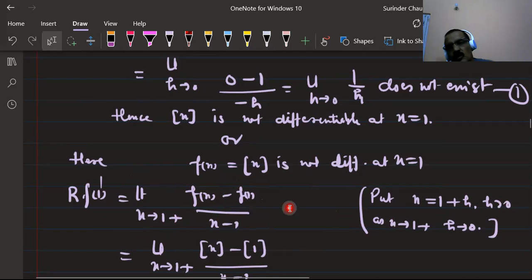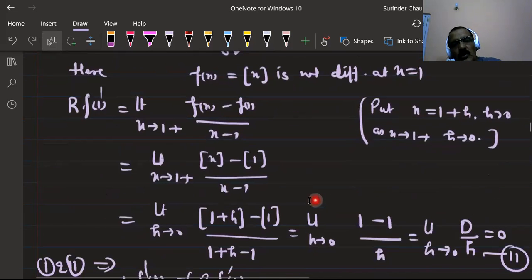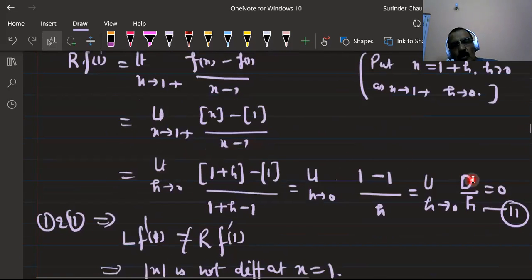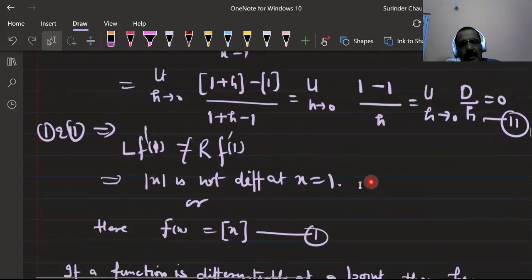Change the limit from x equal to 1 positive to h equal to 0, and substitute the values of the function. Then 1 minus 1 upon h is limit h tends to 0 of 0 upon h, which is 0. So the left hand derivative at x equal to 1 does not exist, and the right hand derivative is equal to 0, which implies this is not differentiable at x equal to 1.